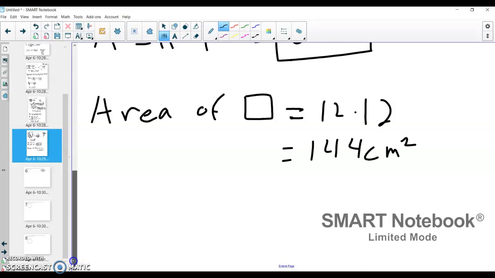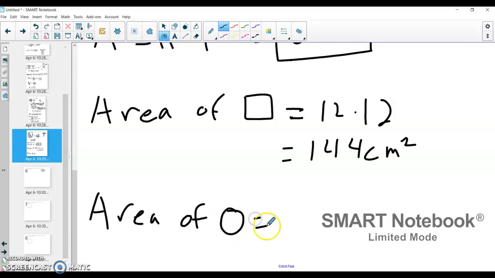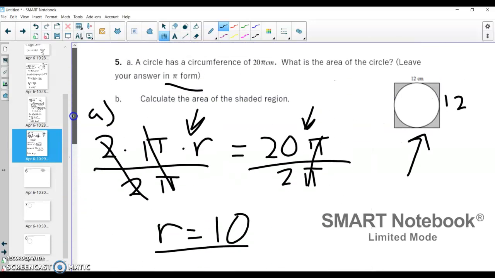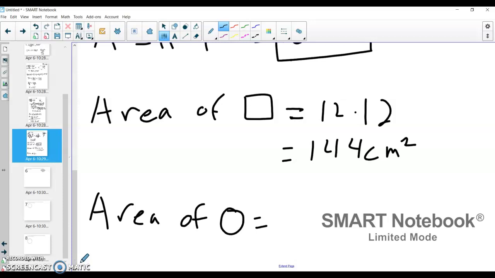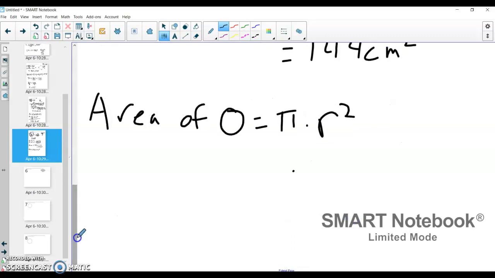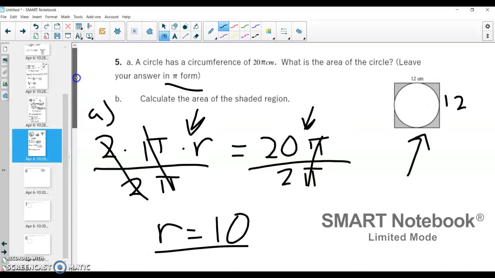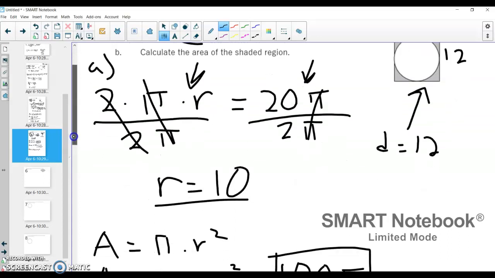All right, area of circle. And area of the circle is going to be the same as the area formula, pi times the radius squared. But they're telling me in this problem the diameter is 12. Well, your radius is always half of your diameter.